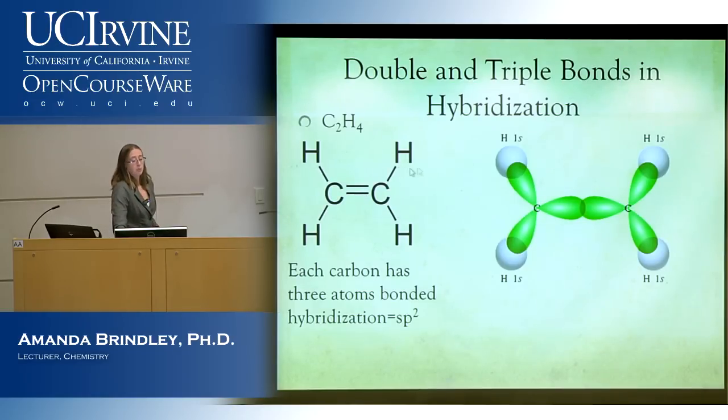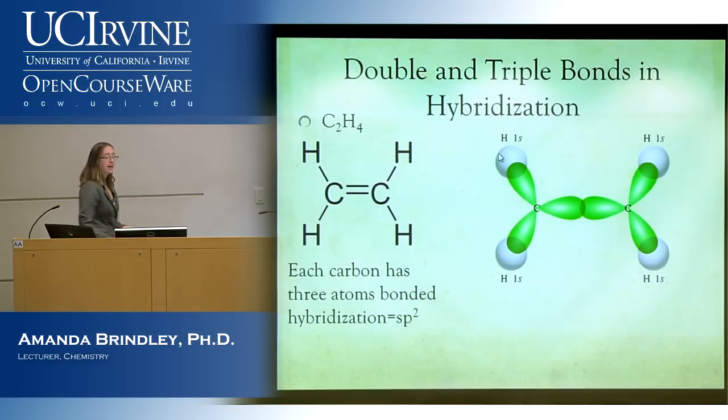So if I were to point to this bond right here, keeping in mind this is what it looks like, and I said, what orbitals form that bond? Okay, sp2. Would you get all the points for that? What other orbital is forming that bond? We can't forget about the hydrogen, right?